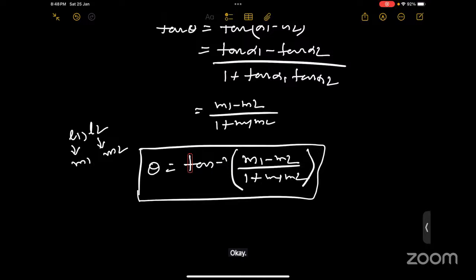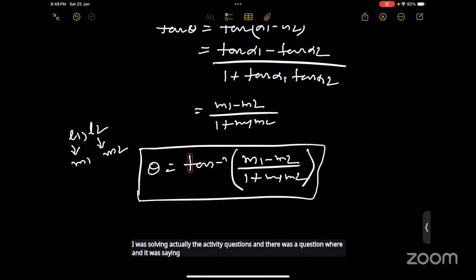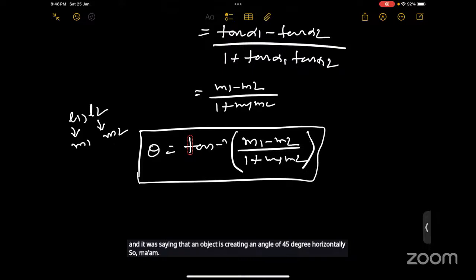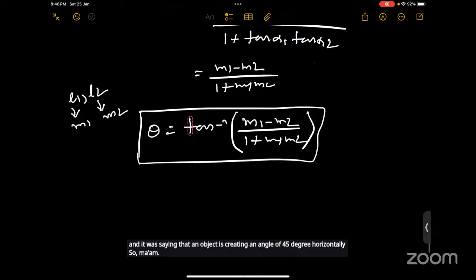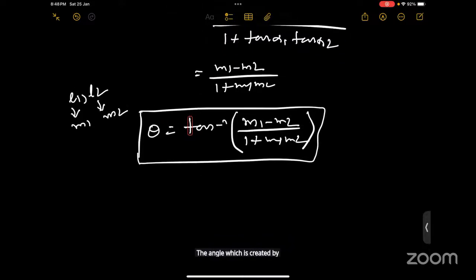Ma'am, I have a question. I was solving the activity questions, and there was a question saying that an object is creating an angle of 45 degrees horizontally.